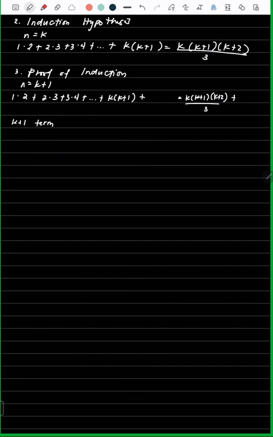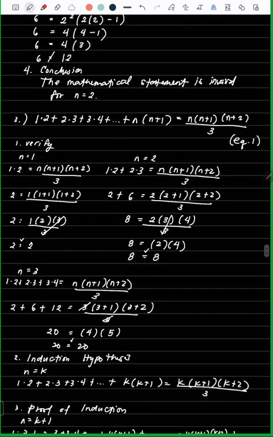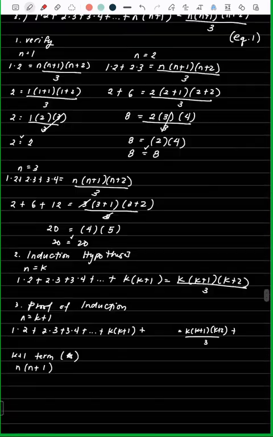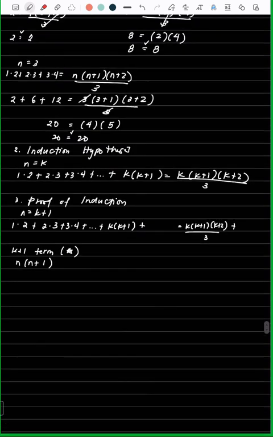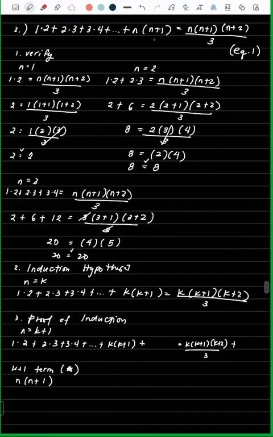So the k plus 1 term would come from your star. Again, what is our star? Going back to our original equation, our star is this one.